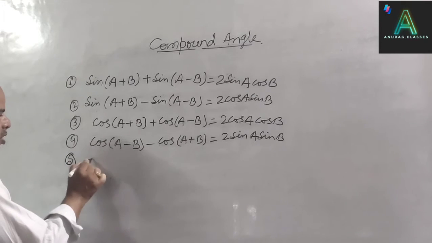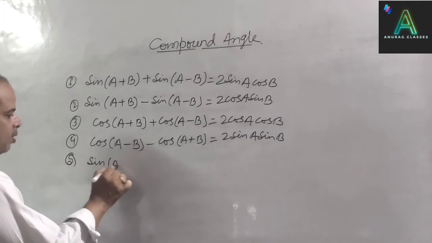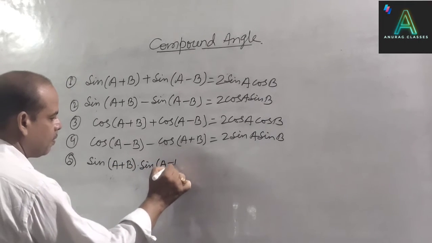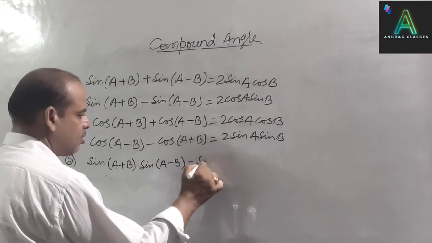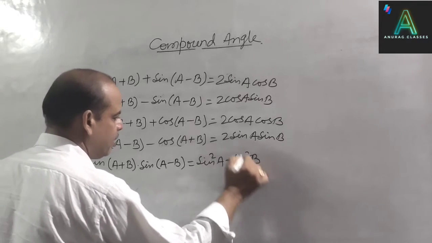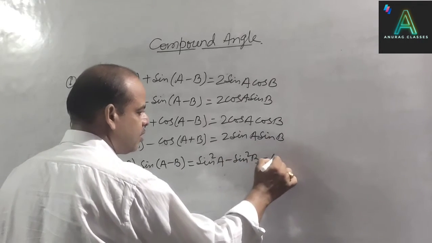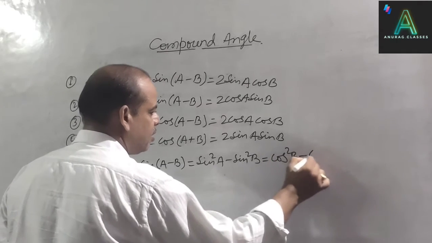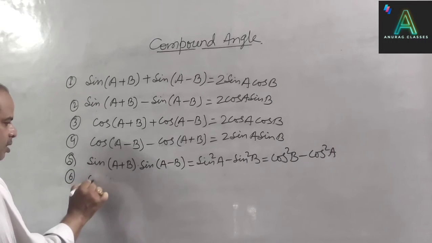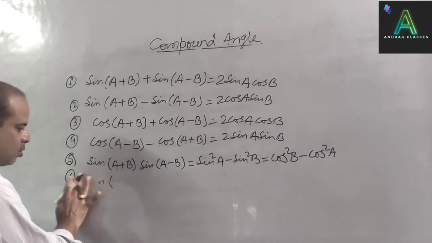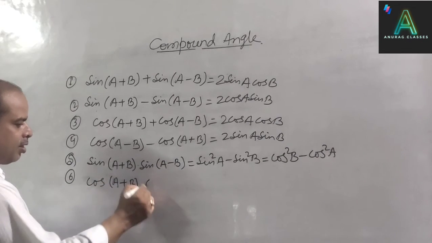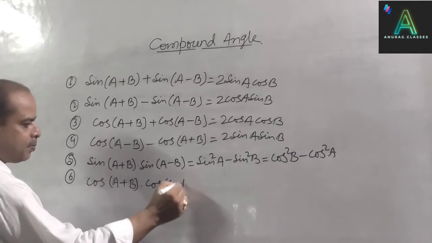Next, come to the fifth formula, sin(A+B) into sin(A-B). This gives the result sin square A minus sin square B, which is equal to cos square B minus cos square A. And the sixth one is cos(A+B) into cos(A-B).